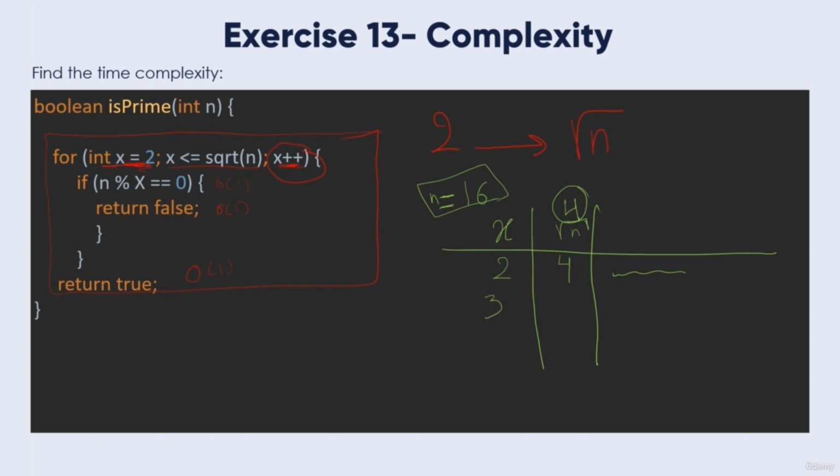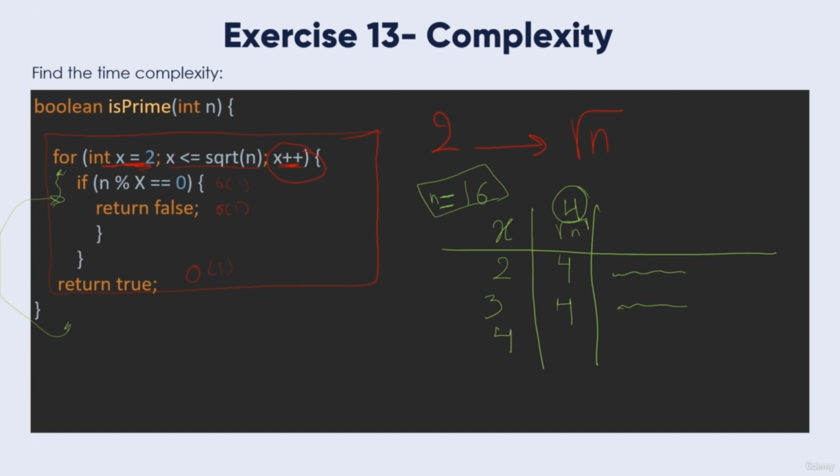3 is x now, and the square root of 16 is 4. So 3 less than or equal to 4, yes. Go and execute. It goes here and going up above, it will start making the conditions.